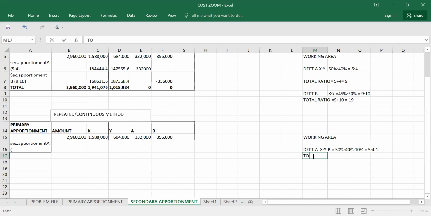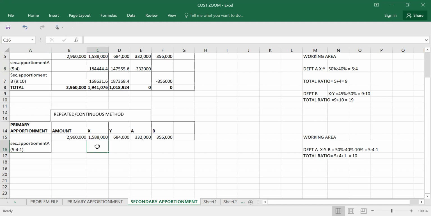So the total ratio is simply 5 plus 4 plus 1, giving us 10. So department A is going to distribute 5 to 4 to 1.